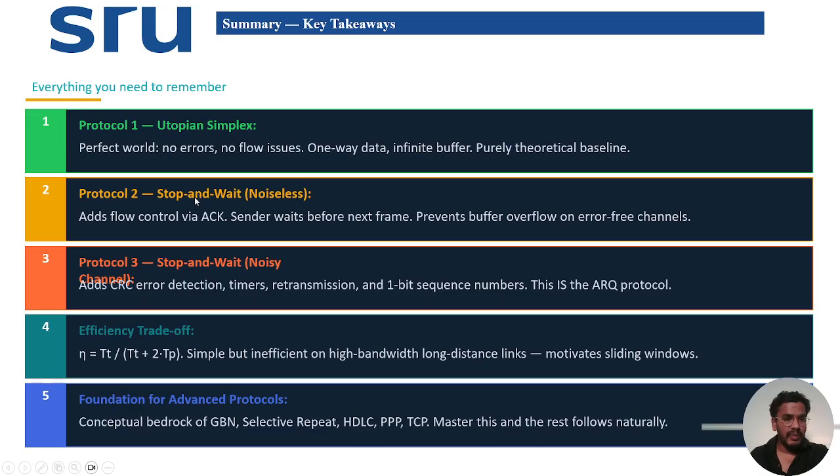Coming to the stop and wait protocol, it is noiseless and adds flow control via acknowledgement: the sender waits before sending frames, preventing buffer overflow on error-free channels. The third adds cyclic redundancy check or checksum error detection, a timer, retransmissions and a one-bit sequence number. These are ARQ protocols.